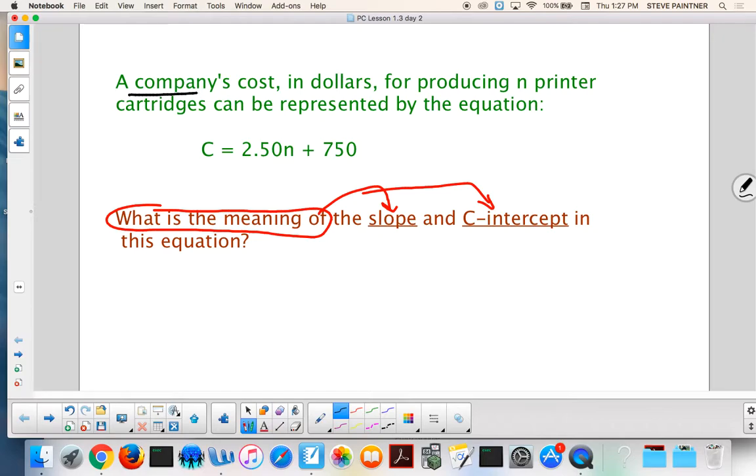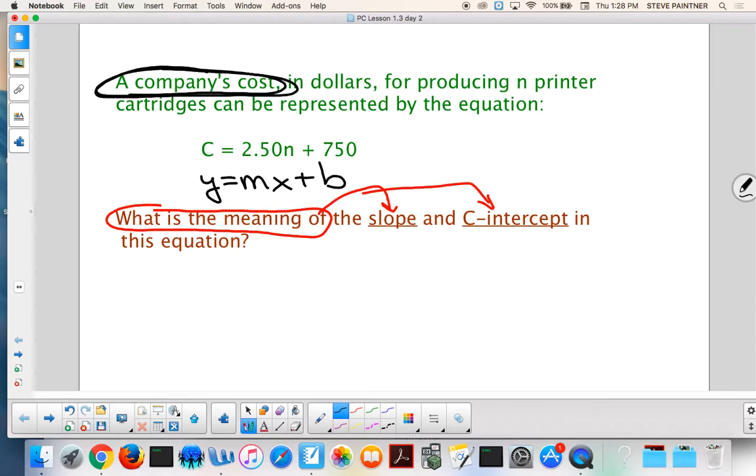It says a company's cost in dollars for producing N printer cartridges can be represented by this equation. So the first thing they mention is the company's what? Cost. So this is what a normal equation looks like with x and y. Y equals mx plus b. So y has now been replaced with what letter?